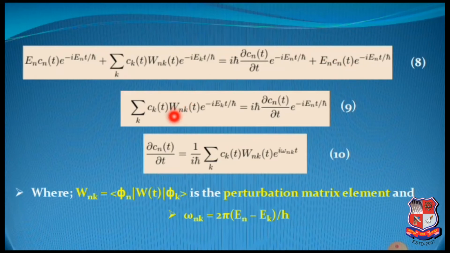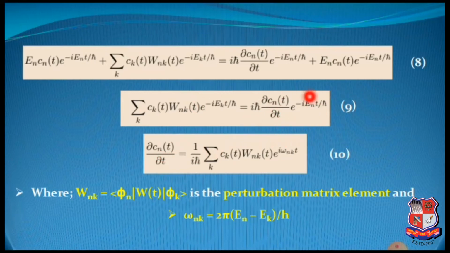So the remaining portion is equation number 9: summation over k c_k(t) W_nk(t) e raised to minus iE_k t upon ħ is equal to iħ ∂c_n(t)/∂t e raised to minus iE_n t upon ħ. This is equation number 9.